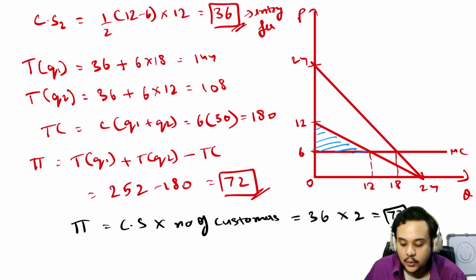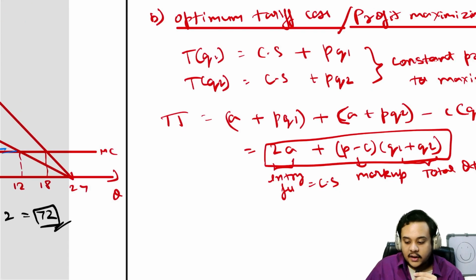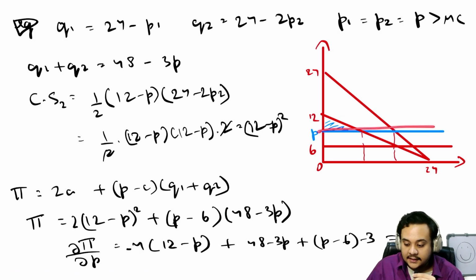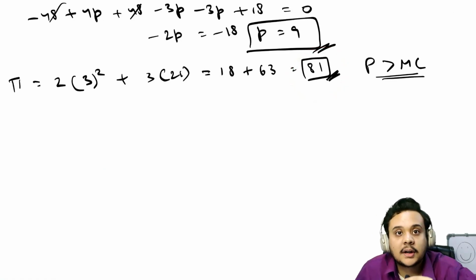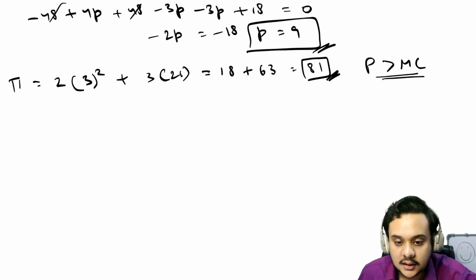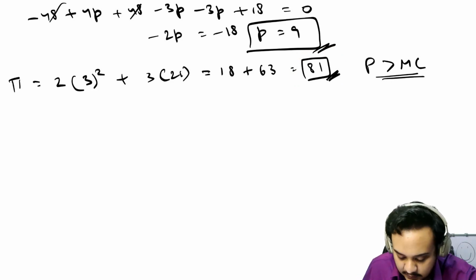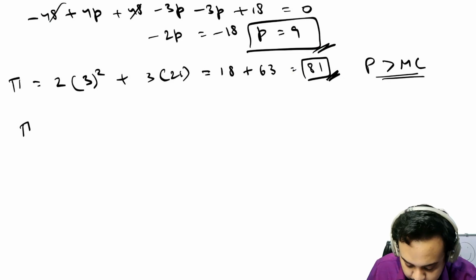It was 72 when you were charging a higher consumer surplus or a higher entry fee, which was the entire consumer surplus, and what you were doing was you were charging price equal to the marginal cost. But now when you charge a higher price and your entry fee is smaller, you are getting more profit, okay?